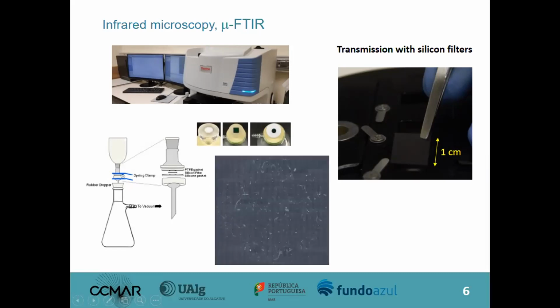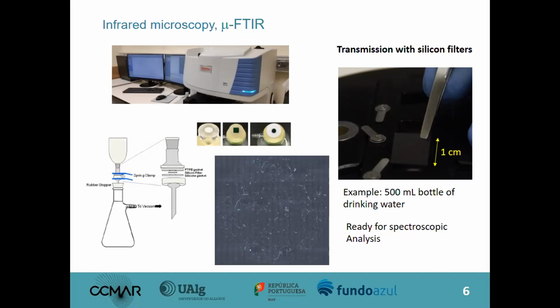And at the end, you will have something like this. This is a filter after filtration. You have many particles, including fibers. And if you want to analyze the bottled water, you just have to filtrate, for example, 0.5 liters of it, and then the filter is ready for analysis using this system.